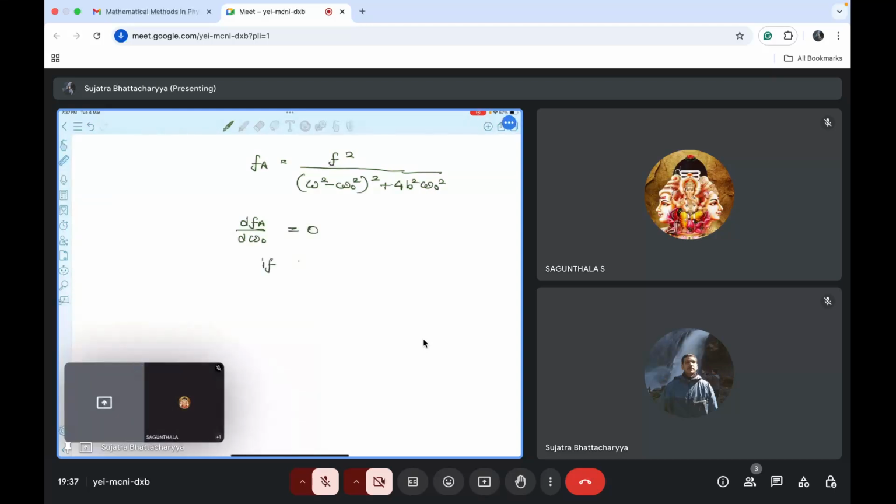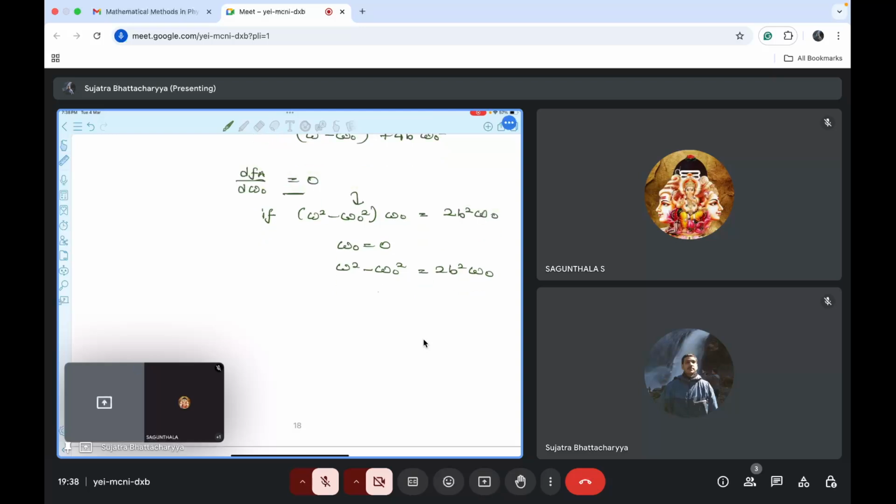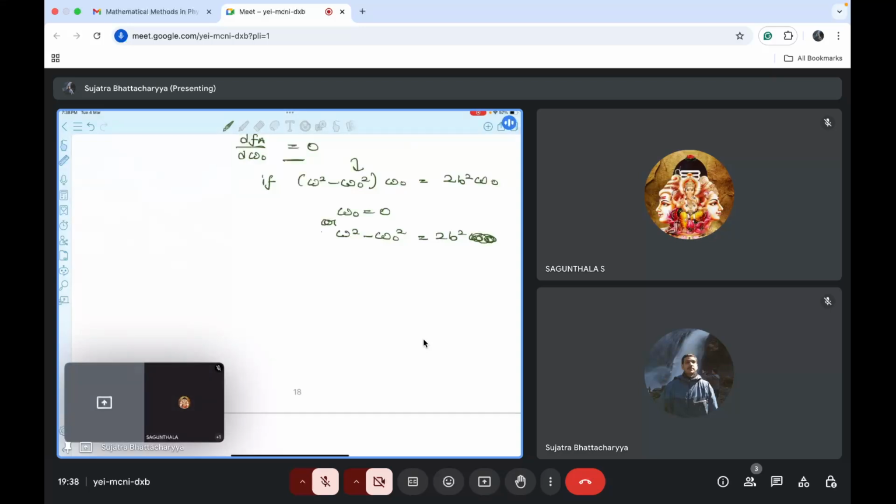So if omega square minus omega naught square into omega naught becomes 2b square omega naught. If you do this, you will get this. So either omega naught equal to 0 or omega square minus omega naught square becomes equal to 2b square, because omega naught will cancel. These two.